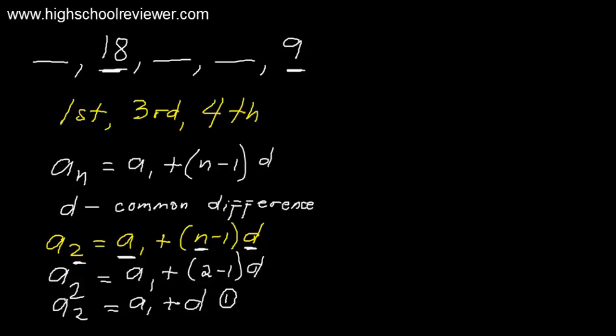Now let us use positive 9, the fifth term. Our equation for the fifth term will be a sub 5 equals a sub 1 plus n minus 1 multiplied by d. Again, we do not know the value of a sub 1 or d, but we do know n.